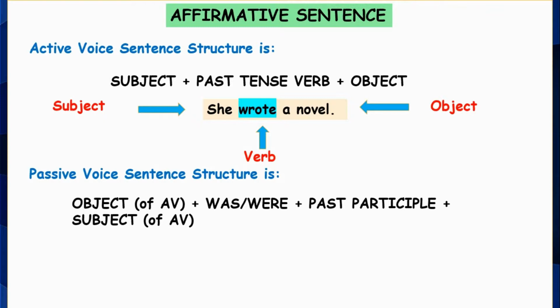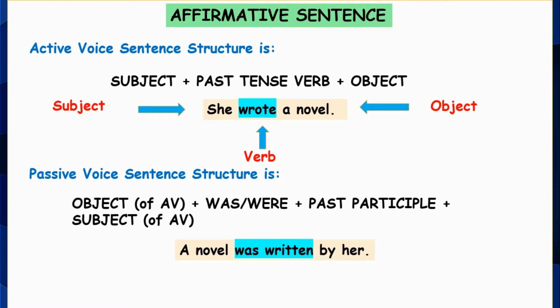By the way, what are affirmative sentences, dear? Yeah, positive statements. Okay, we can call them assertive sentences as well, which don't include not in them. Okay, so passive voice sentence structure is object of active voice, was or were, plus past participle, plus subject of active voice.